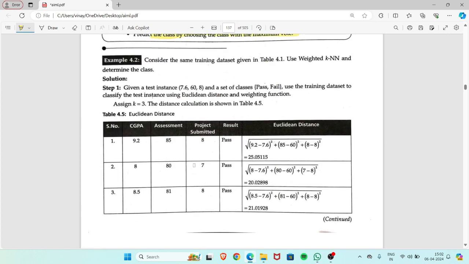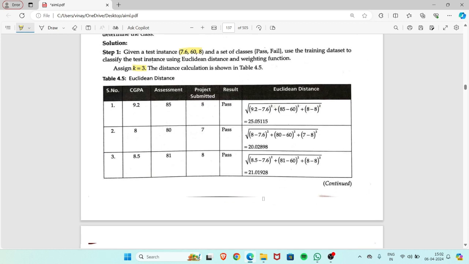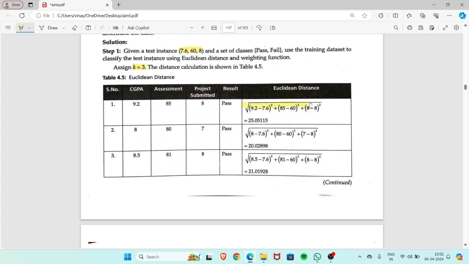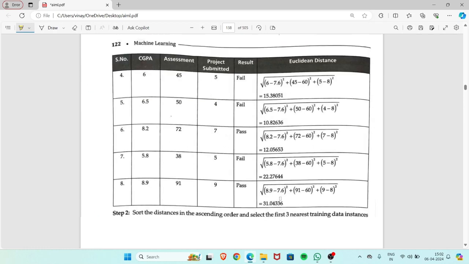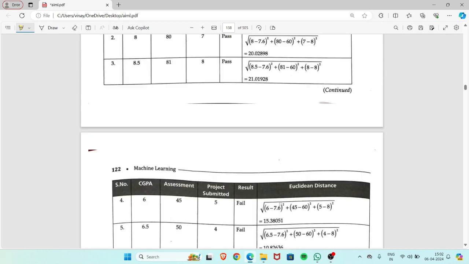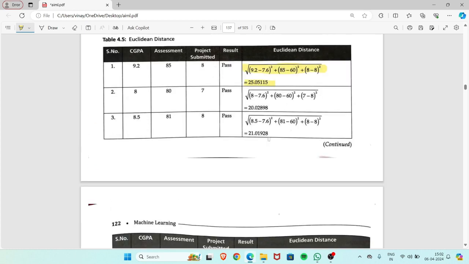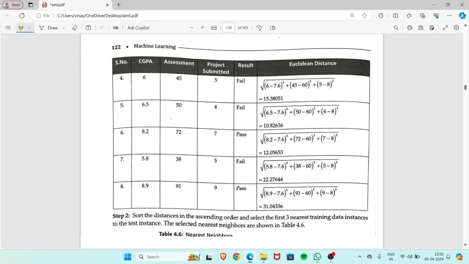First, the same training data set is given to us, and we have 7.6, 60 and 8 as our test instance. K is equal to 3, the nearest neighbor value, is given to us. We have found the Euclidean distances here, and after finding all of them, you have to find the least Euclidean distances.